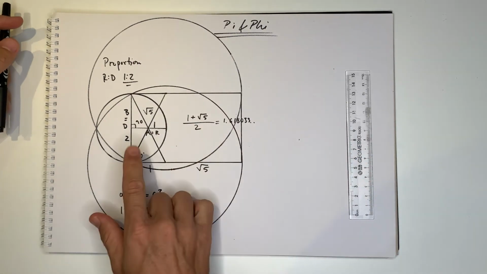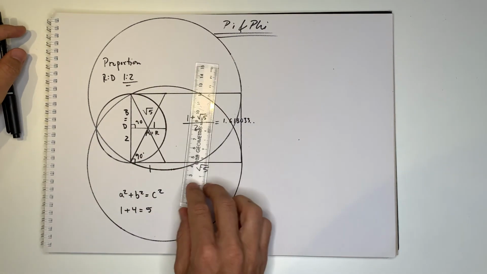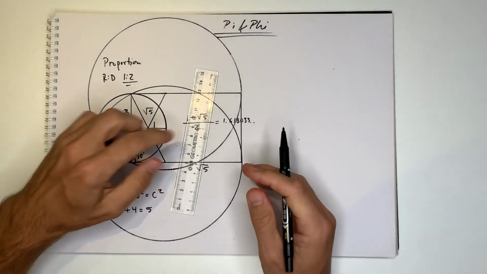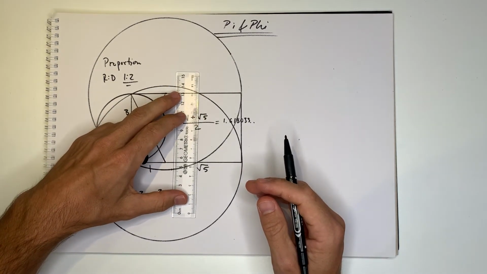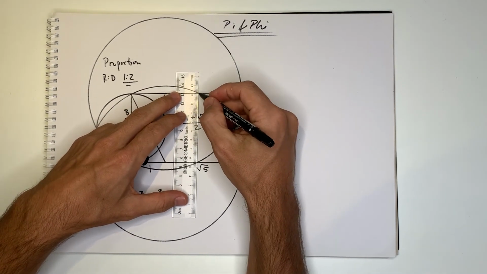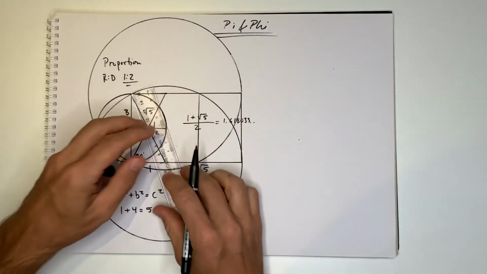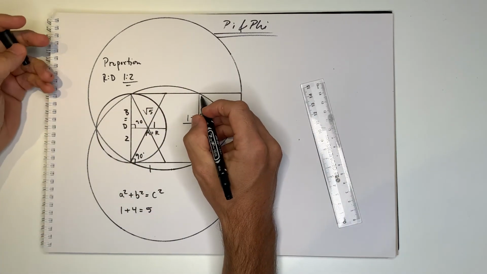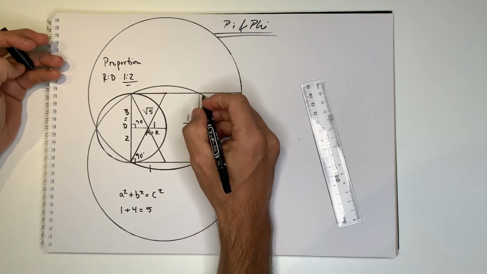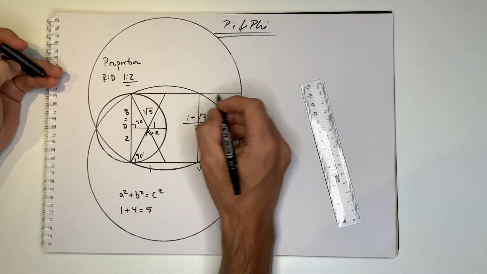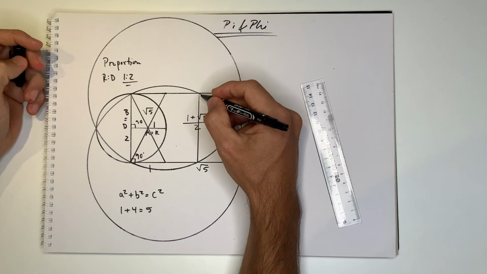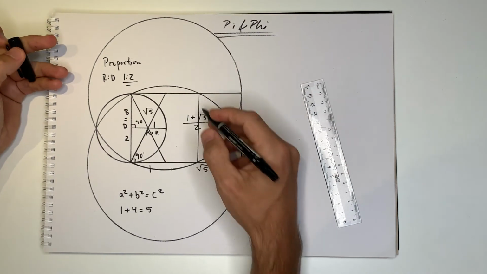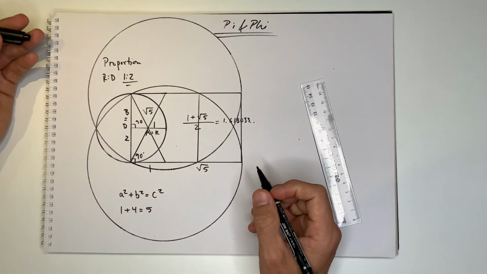There's also one more thing we can do here to make it complete, so we really get the relationship of pi and phi. Where this circle and the side of the golden rectangle intersect, if we join these 2 points, we will get a perfect square.